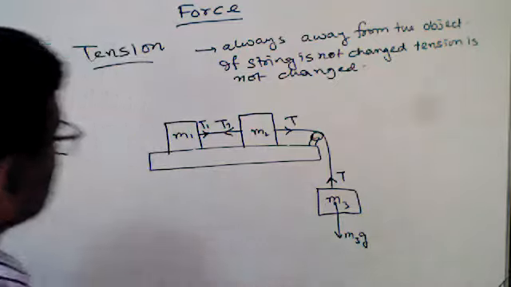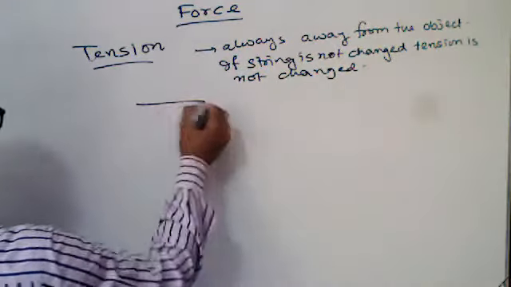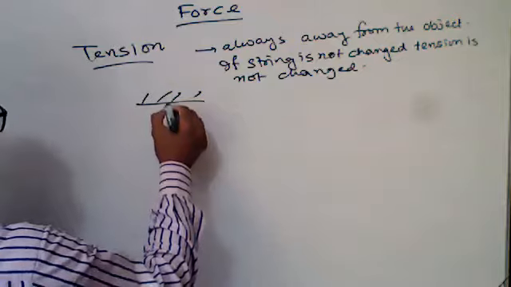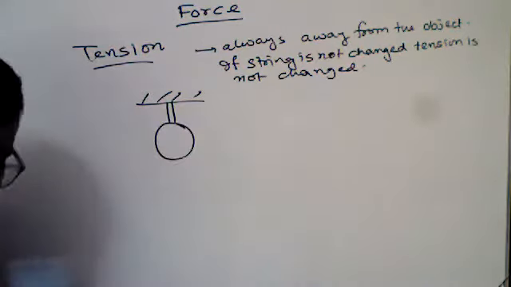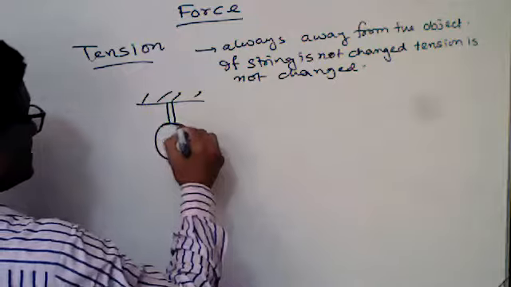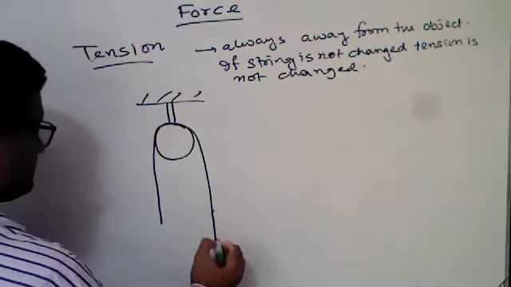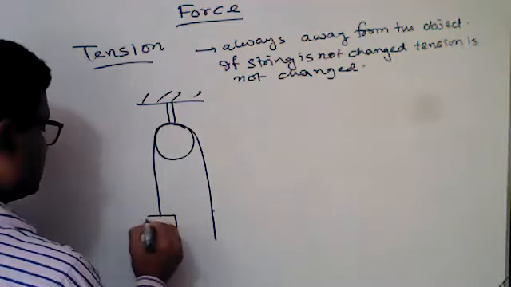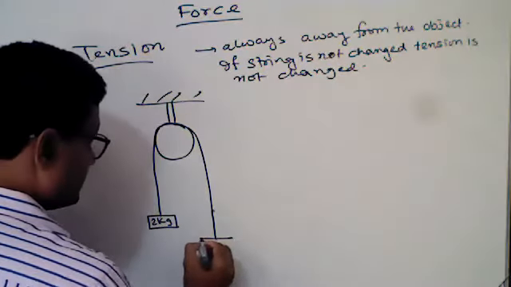Suppose another question, another figure. This is the rigid stand, and there is a pulley, and there is the object, frictionless pulley. This is the mass, suppose 2 kilogram, and here is a mass.